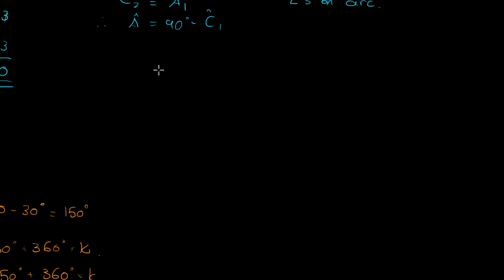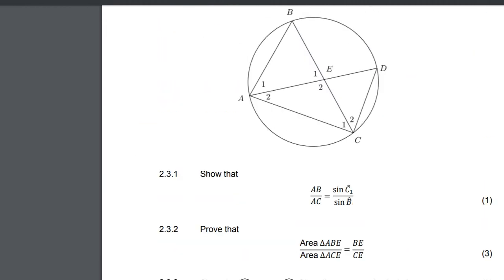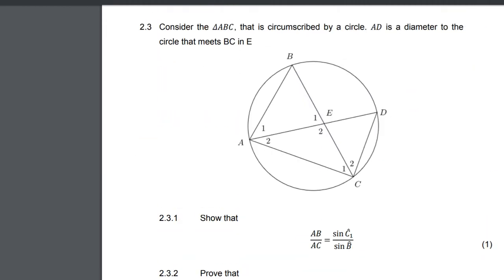So we can start by saying, well, BE over CE is equal to triangle ABE divided by triangle ACE. Now, if we look at the picture, let's use these two sides.